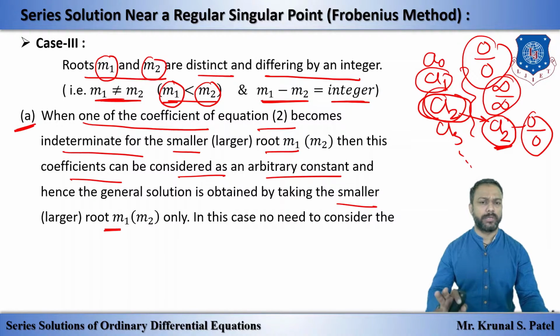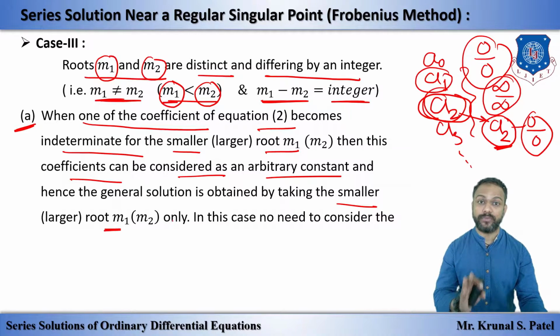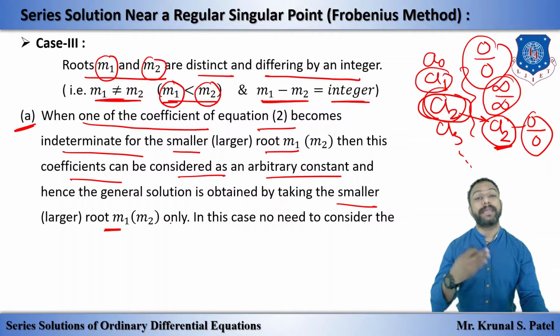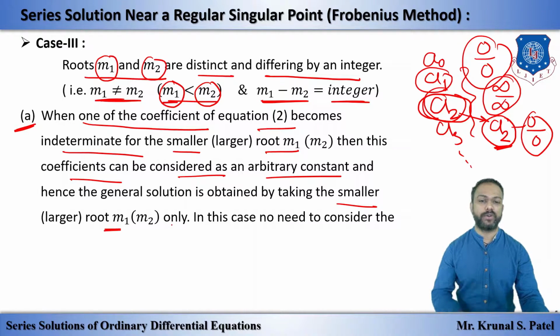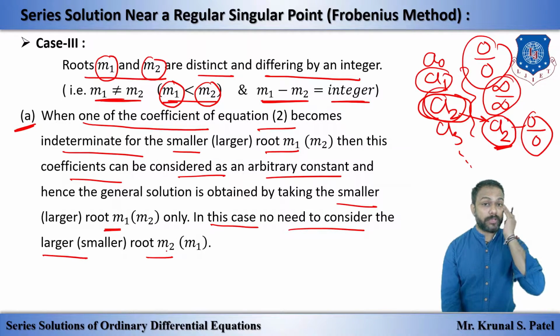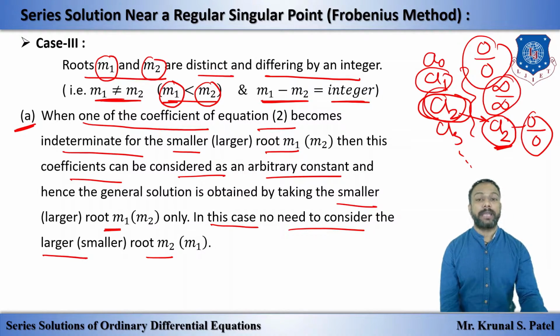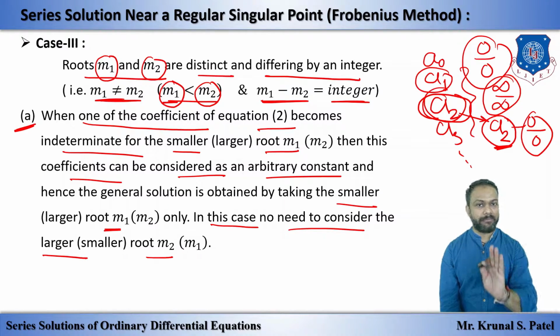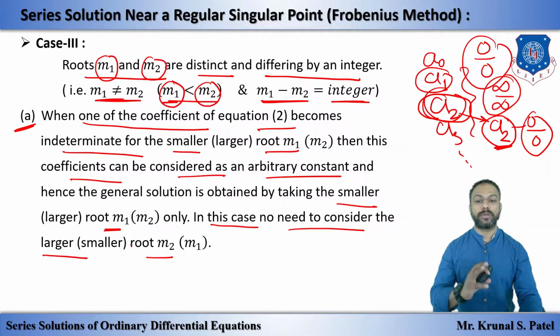We just keep a2 as a2 and a3 as a3 if they are in the indeterminate 0 by 0 form. In this case there is no need to consider the larger root m2 if this happened for the smaller root. And if this happened for the larger root, the same process is done with the larger root and there is no need to consider the smaller root, vice versa.